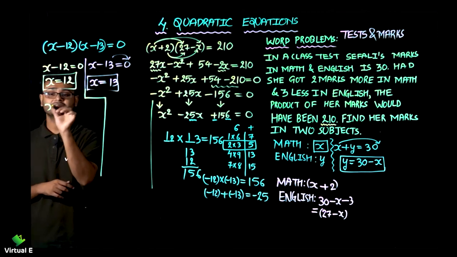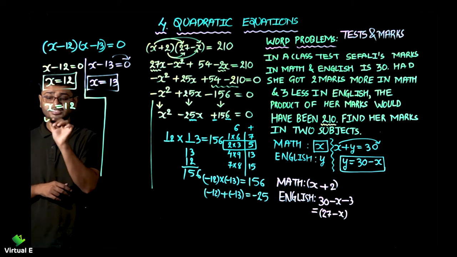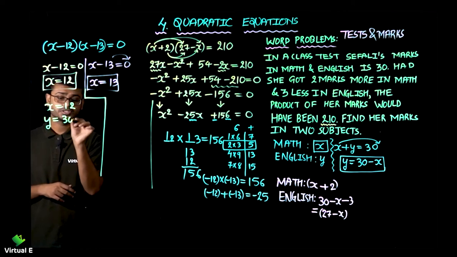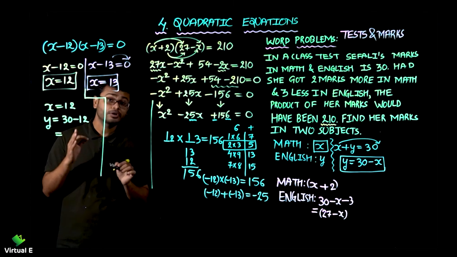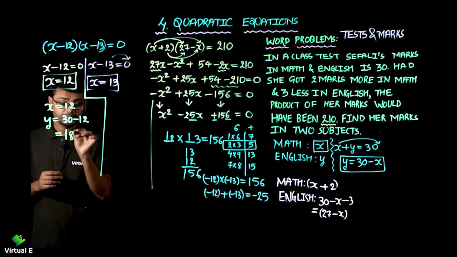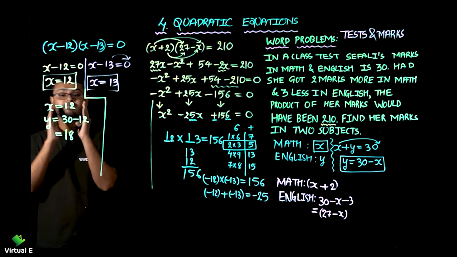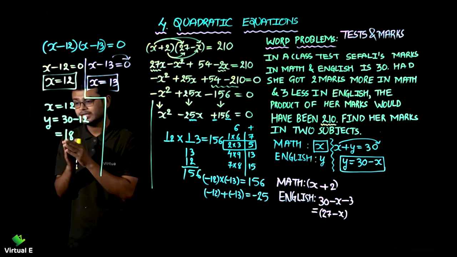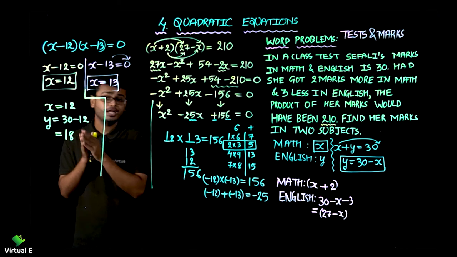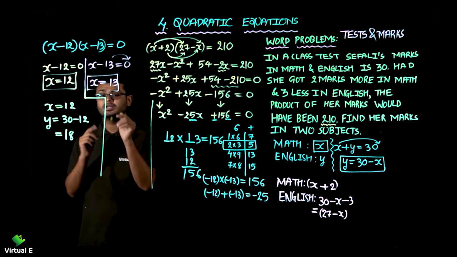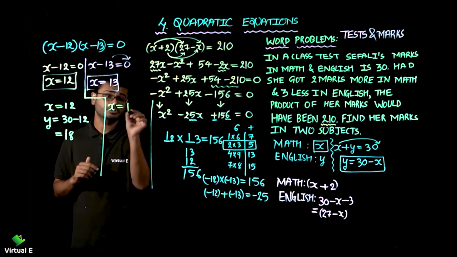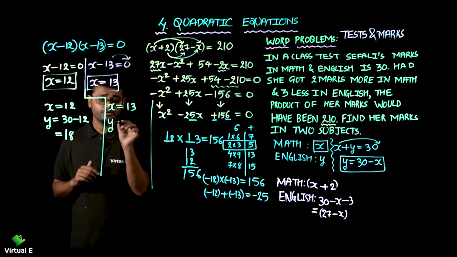Suppose you take x is equal to 12, what are the marks in English, which is 30 minus 12, which is 18. So if you get 12 marks in math, you are going to get 18 marks in English. And if I take x is equal to 13, what is the value of y?